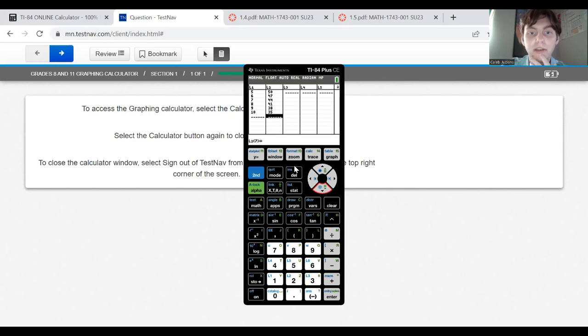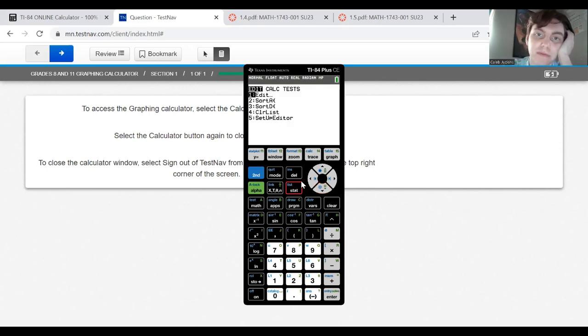Now we want to find the best fit function for that. So all things list related, we go to our stat button. If we notice, the second option right here is calc. So we press the right arrow to go to the calc options.